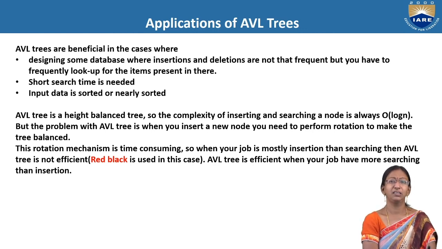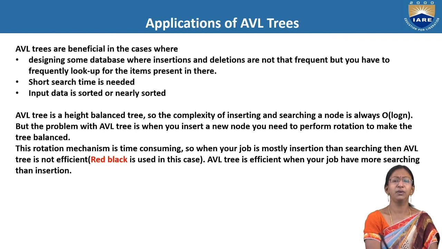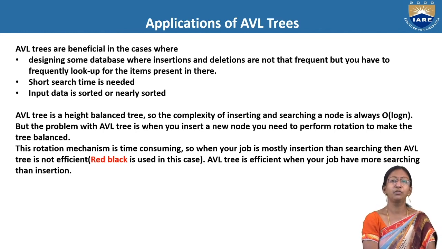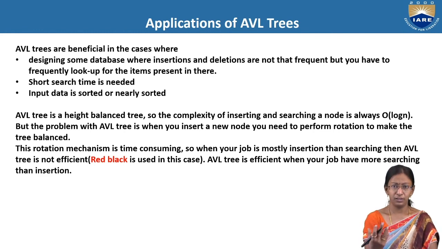The basic disadvantage with AVL tree is, if your database needs insertions and deletions on a frequent basis, with every insertion and deletion, you have to rotate the content in your database to make it a balanced tree.